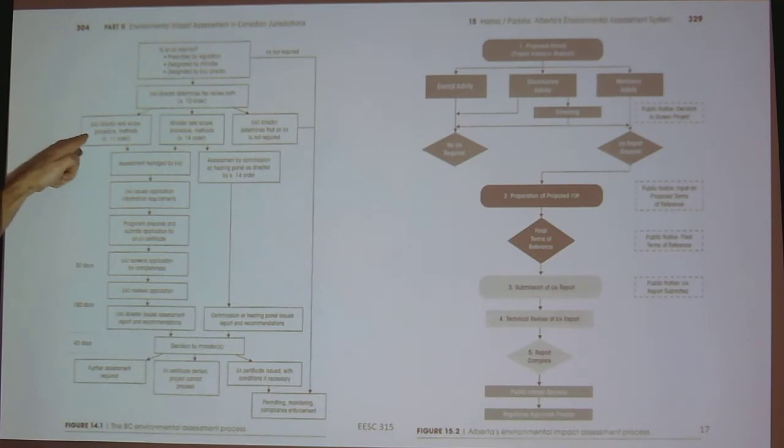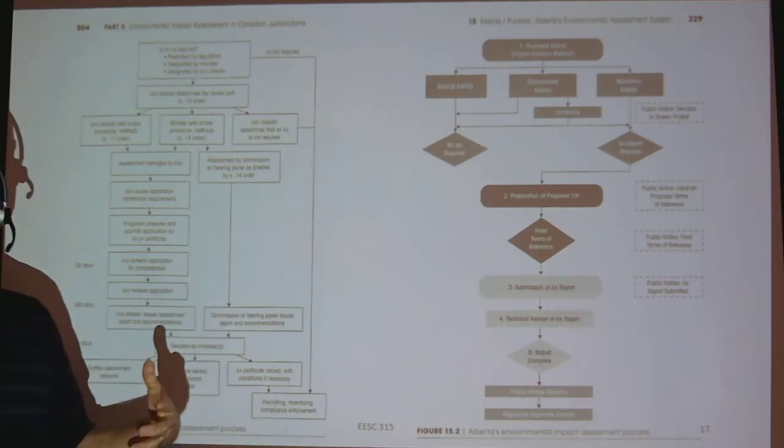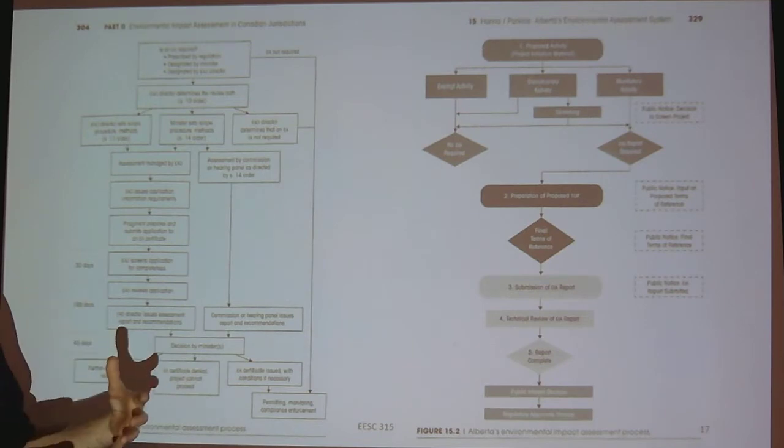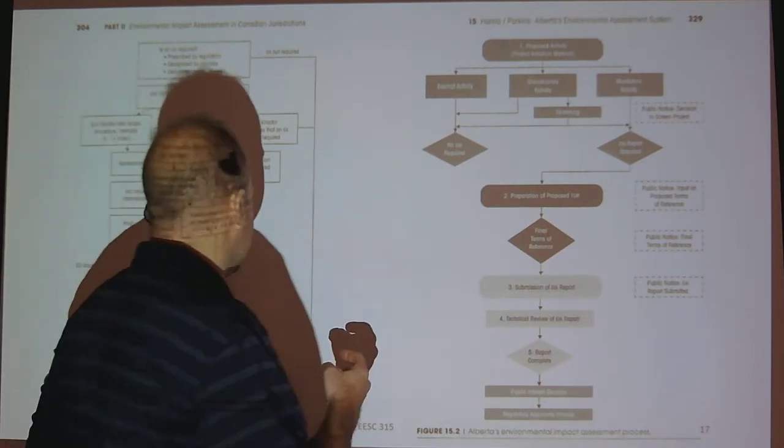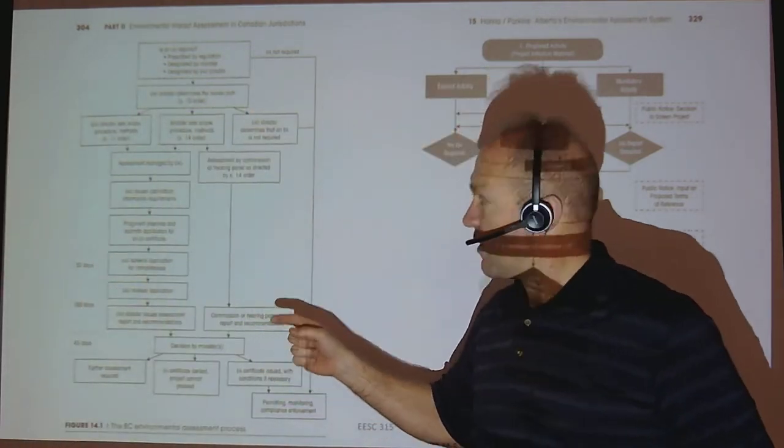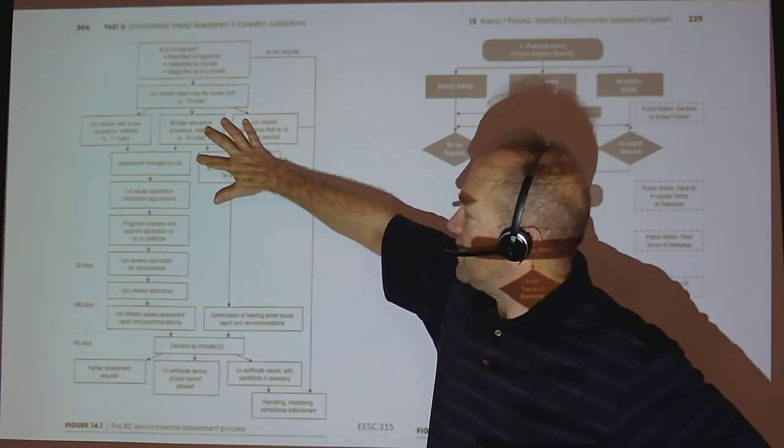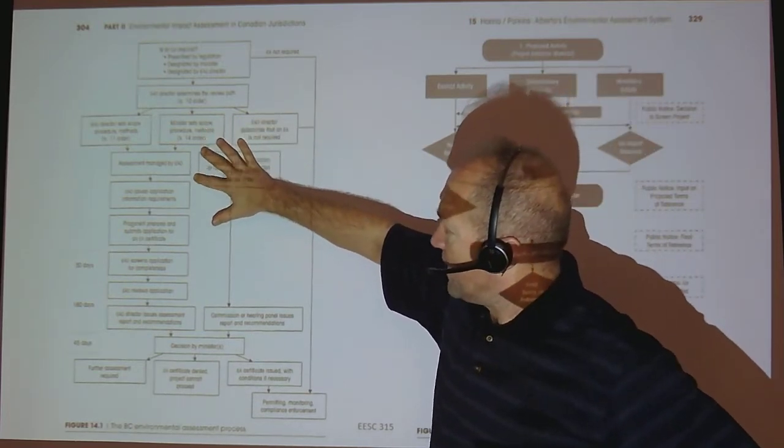If so, the EAO, that's the Environmental Assessment Office, will set the scope, procedure, and methods. In other words, they'll set out a terms of reference that the proponent must follow, and by the proponent, that means some company is responsible for making sure it happens, meaning that it will be some sort of an environmental practitioner like yourselves who makes it happen.